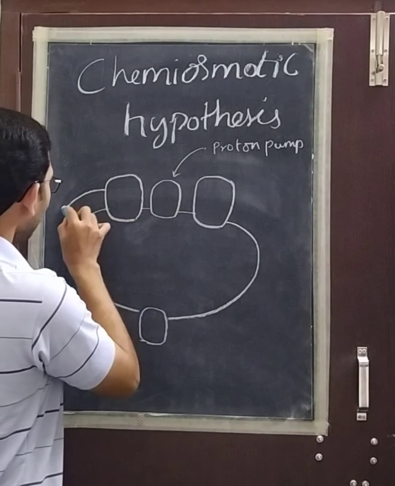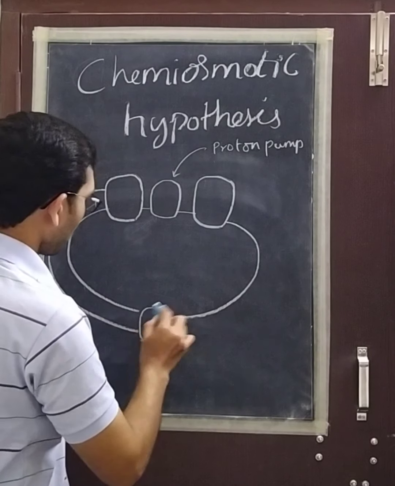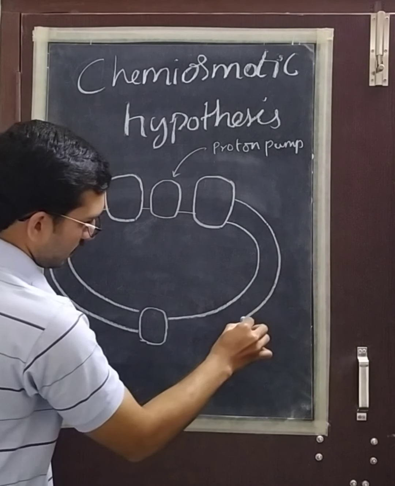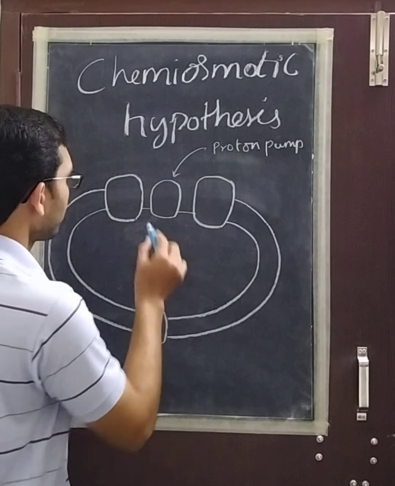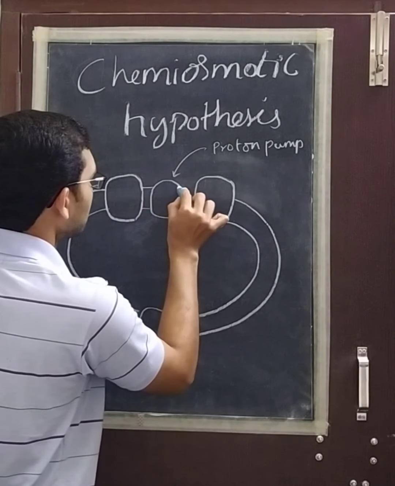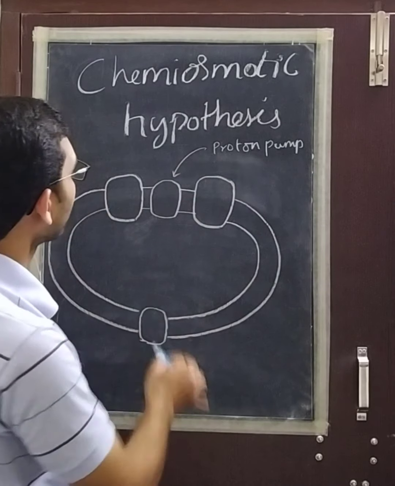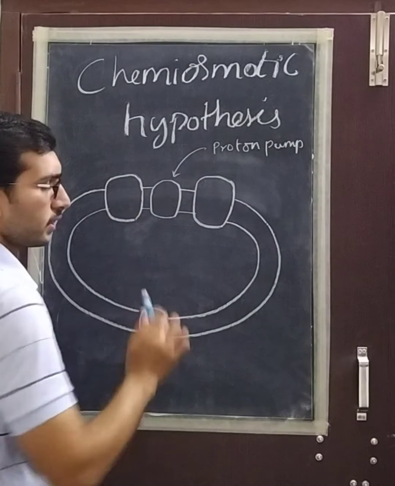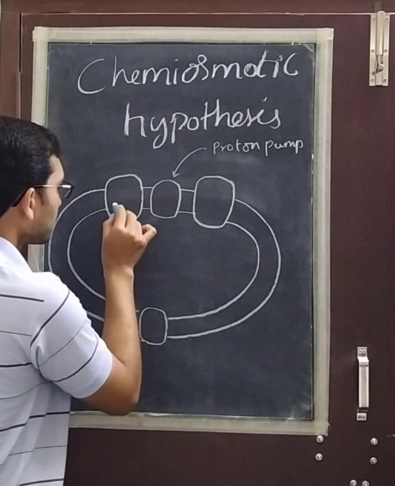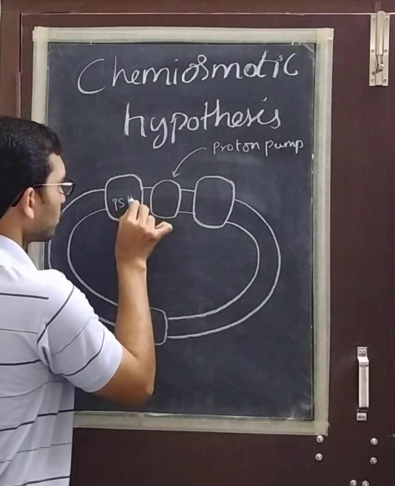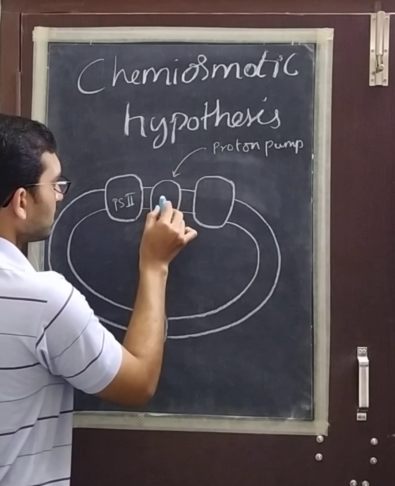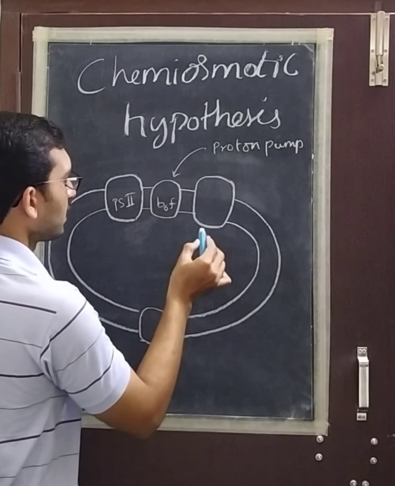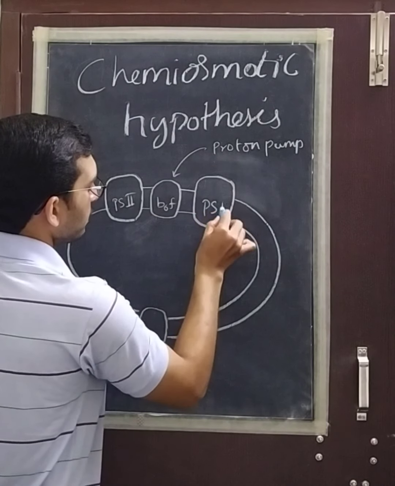All cell organelles are covered by a membrane made up of phospholipids. This thylakoid membrane is also made up of phospholipid, and it has proteins. This protein is termed photosystem 2. This is cytochrome B6F. Next, photosystem 1.